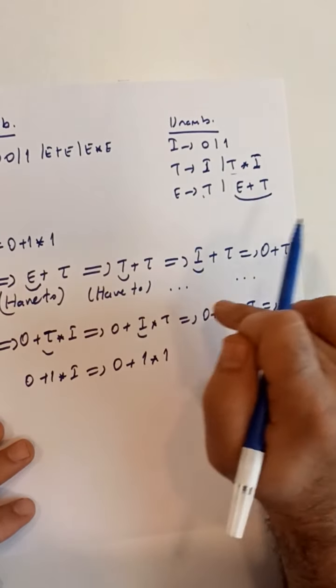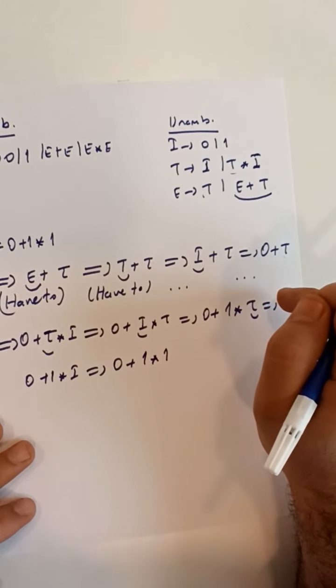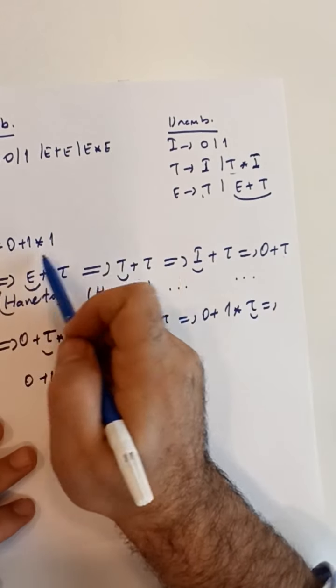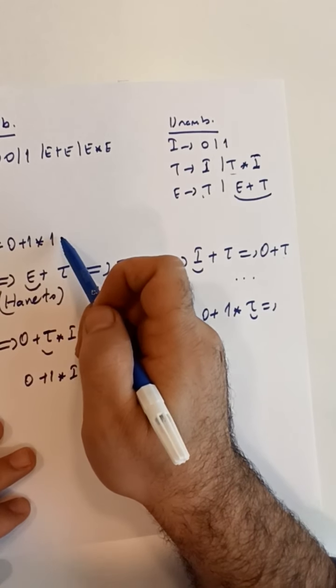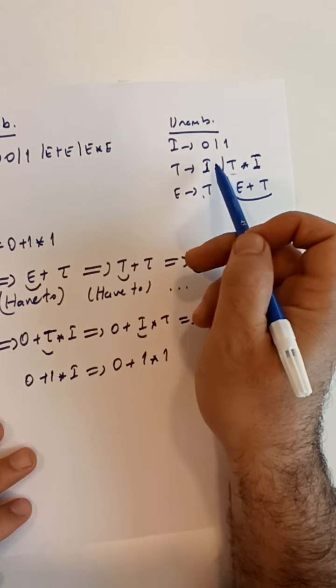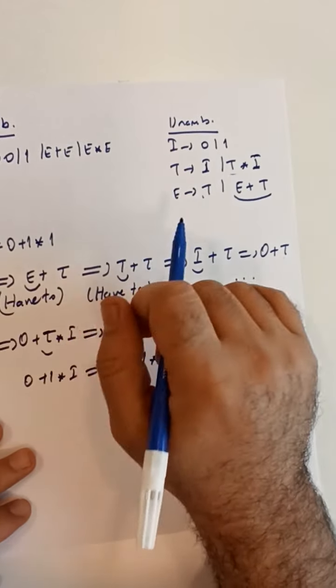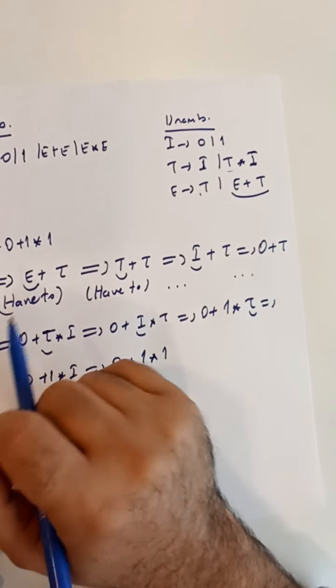At each step, this is the case. We have to choose exactly one rule to arrive at our target string. If the grammar were not unambiguous, this wouldn't be true. We could have multiple choices to do.